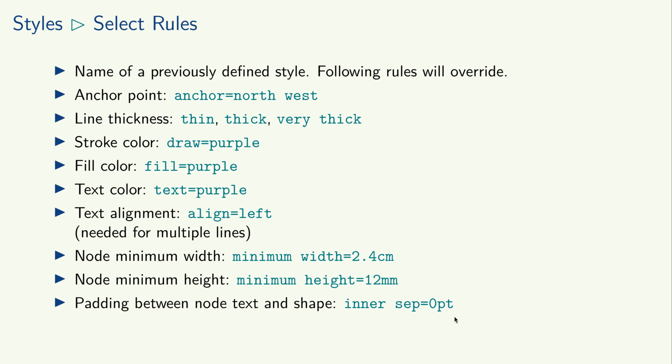So if you want to create a small circle, you need to adjust this. What I usually do in that case is set that to 0 points, and I set my minimum width and height to whatever I want, and then I get exactly that.